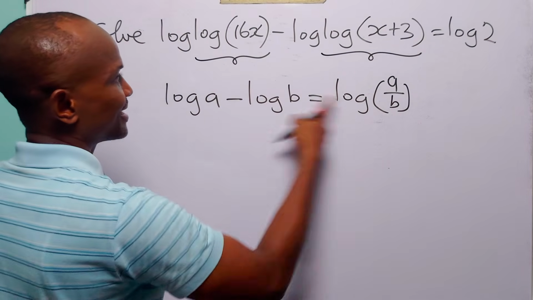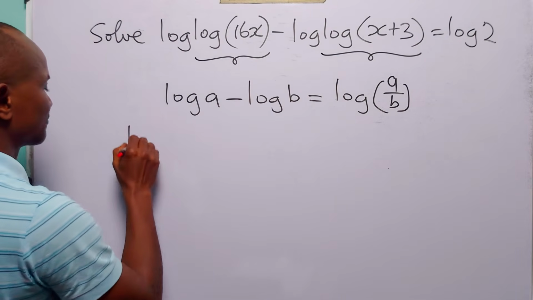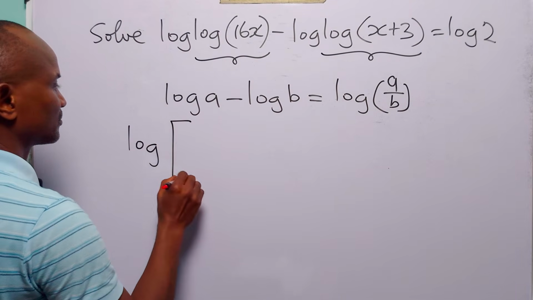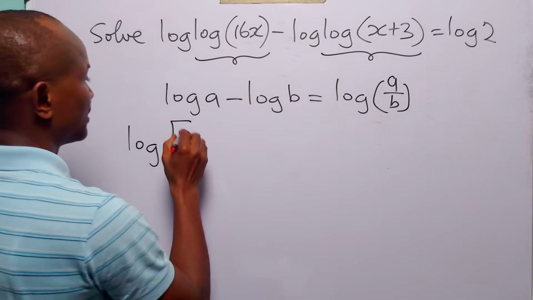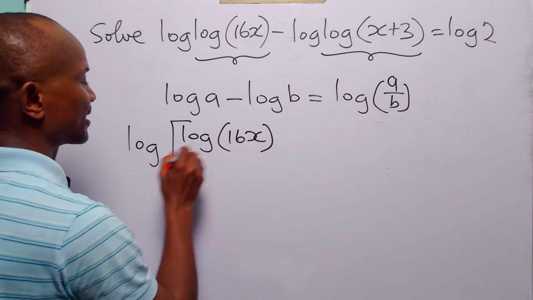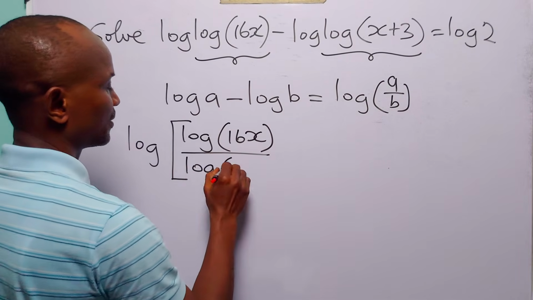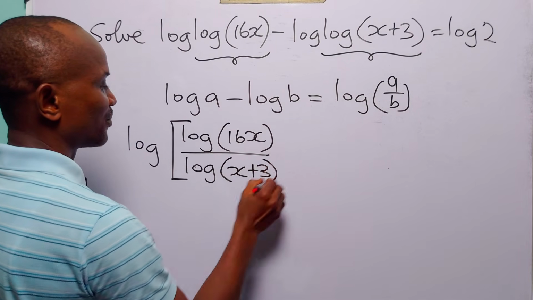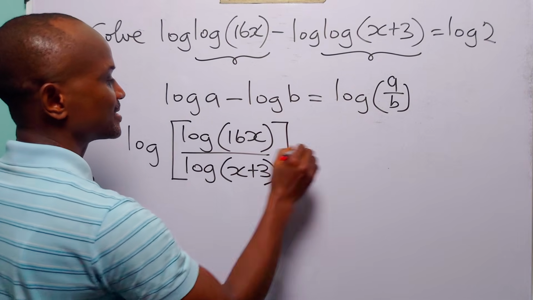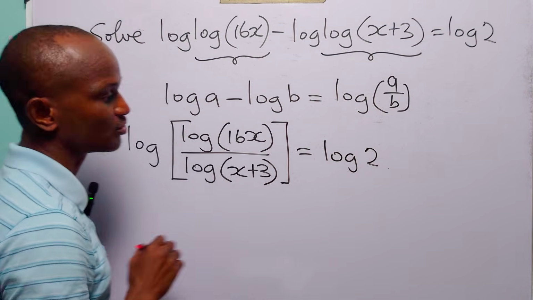So when we apply this law to the left-hand side of this equation, we have that log 16x divided by log x plus 3 is equal to log 2.